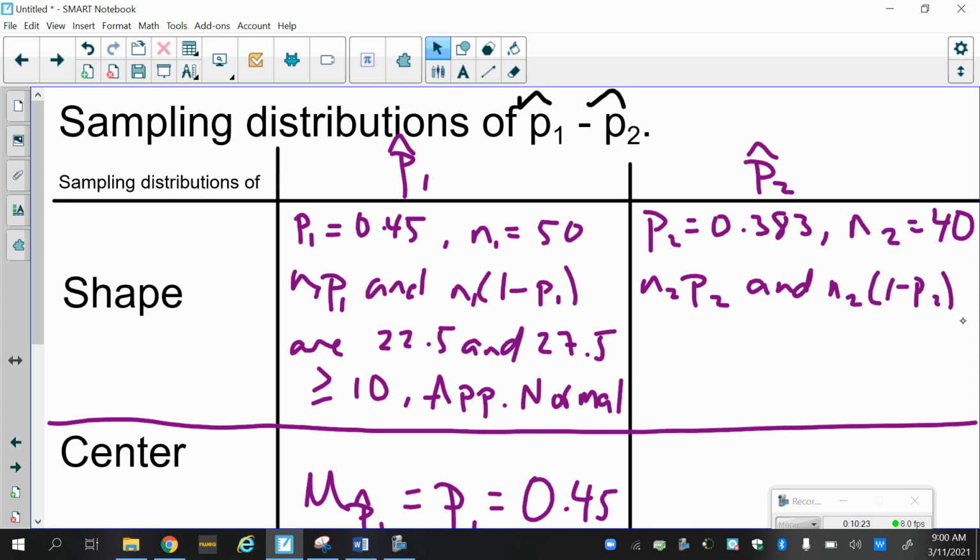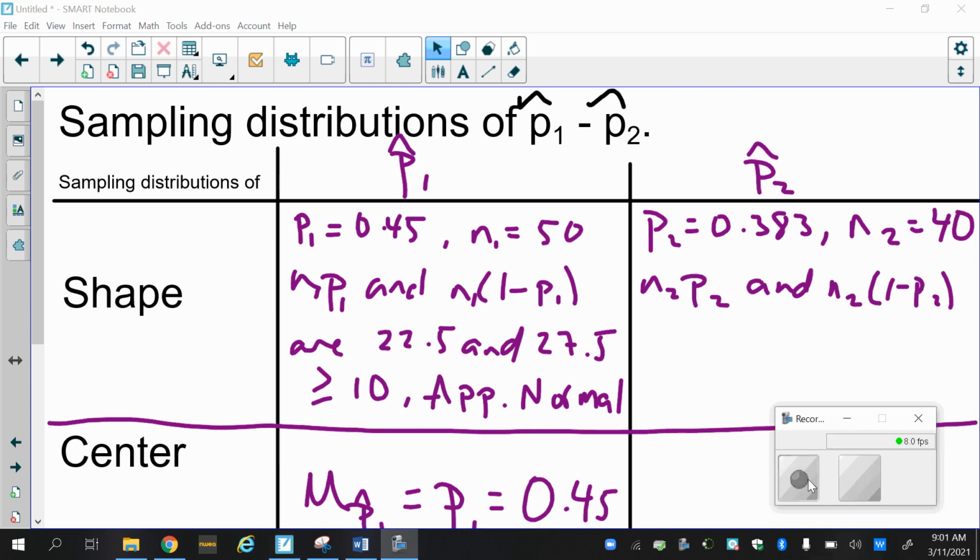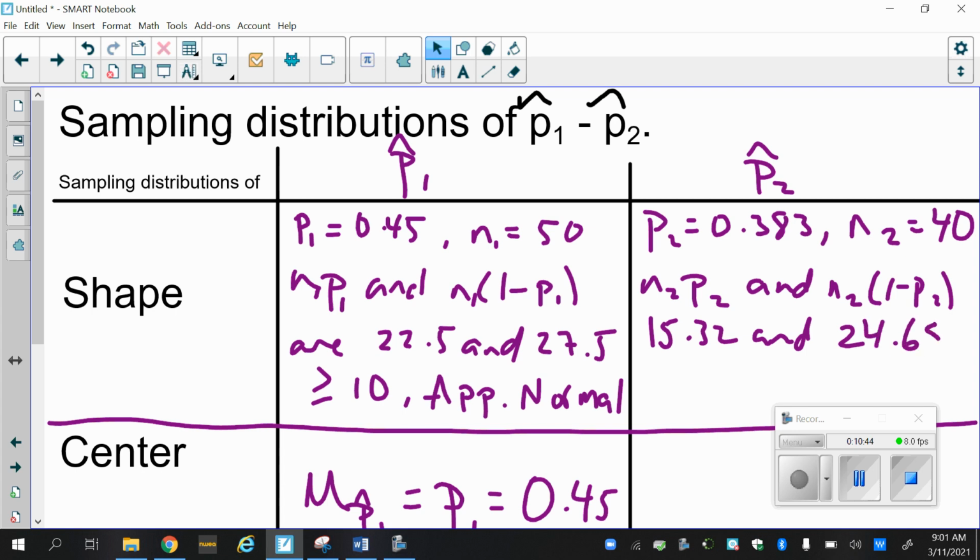Okay, so do we meet the large counts condition in this case? We certainly do. We get 15.32 and 24.68.